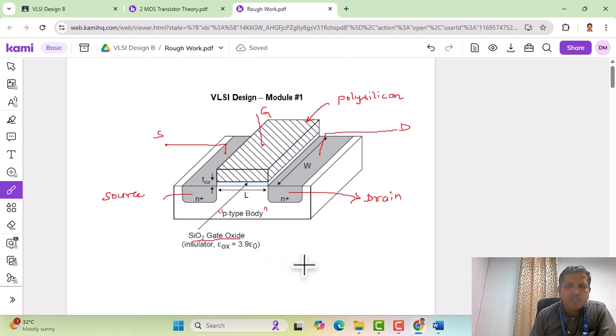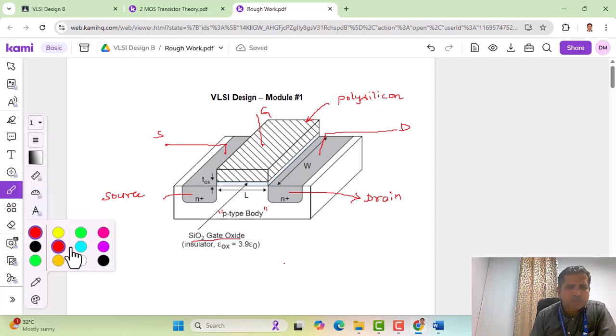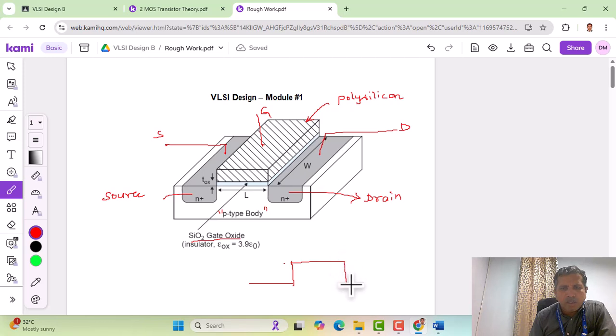As we can see here, the structure has a source region followed by a gate region, and then a drain region. In order to show the silicon dioxide, we leave an empty space here and attach the gate terminal.